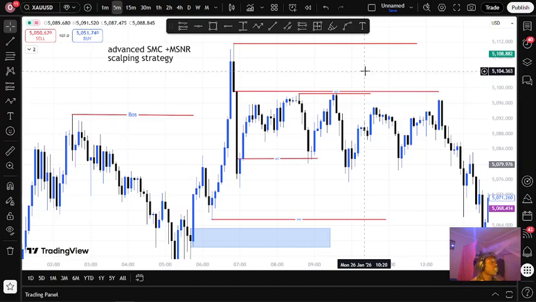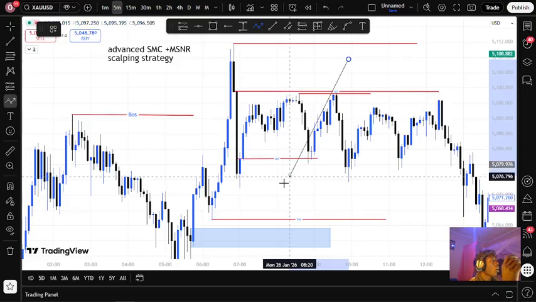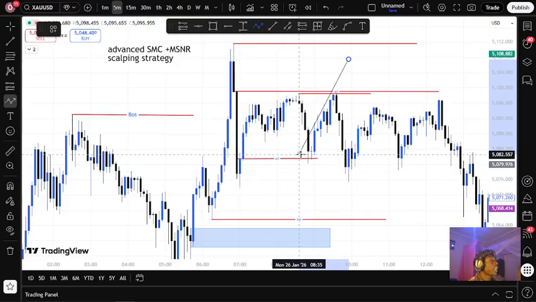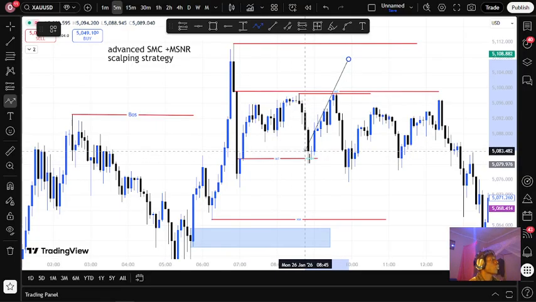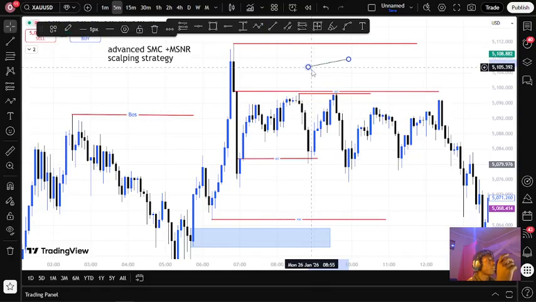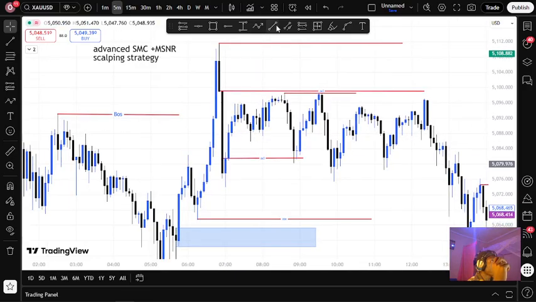If there's no liquidity resting at this zone, then the price must leave liquidity behind before it mitigates the zone or the key level. Personally, I can see this one is an inducement at this point.